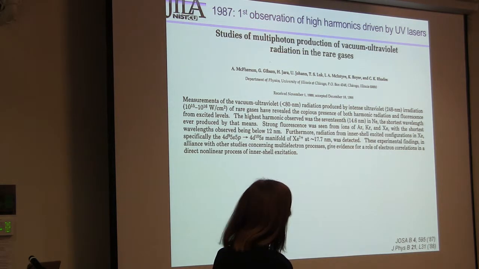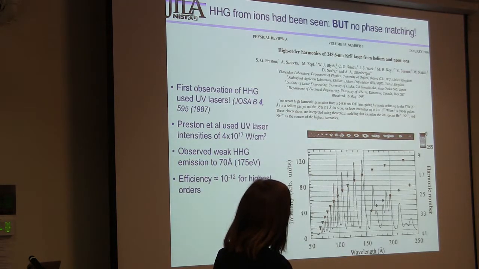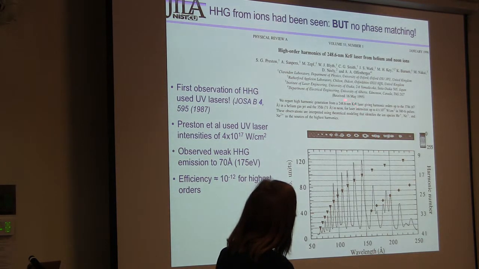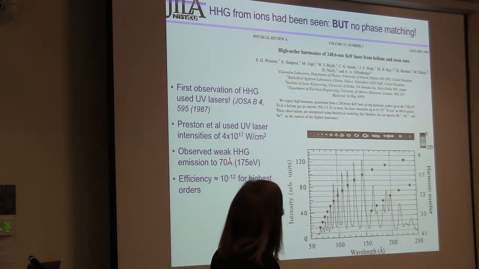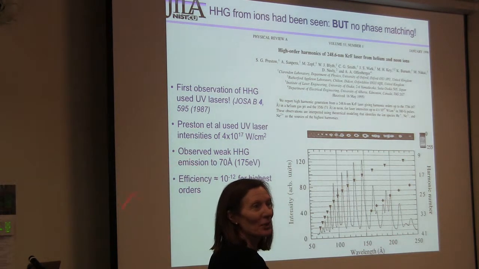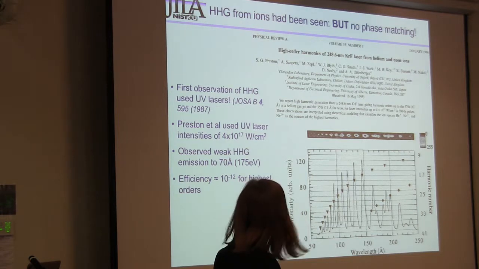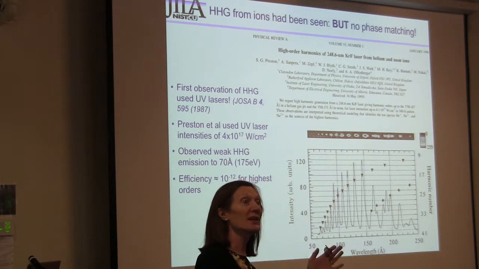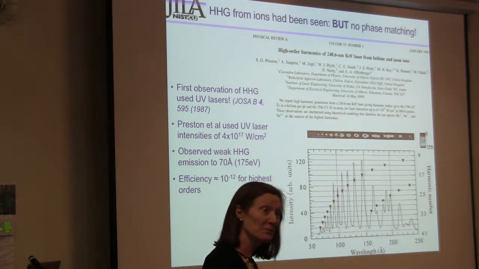And in fact, there's some beautiful work that showed that if you used a 248 nanometer krypton fluoride excimer laser, they had a lot of energy, maybe 100 millijoules or something. They had 400 femtosecond pulses, and they saw harmonics down to 5 nanometers. But they were very low efficiency, 10 to the minus 12. So not phase matched. But we were seeing them as bright as a well phase matched beam.